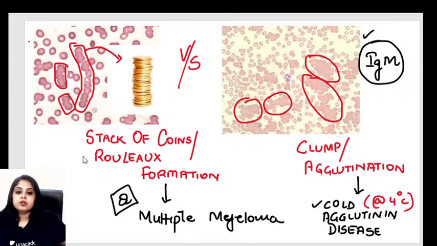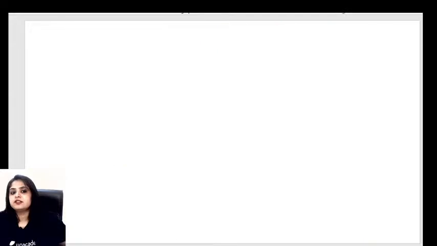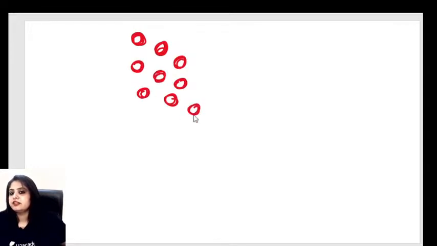Some of you want to know the reason for this stack of coins. Why in multiple myeloma have you got a stack of coins? I'll take exactly 30 seconds to explain that. Not a very tough concept. Let us draw normal red blood cells. These are the normal red blood cells that we have. And what kind of a charge do normal red blood cells have? All the normal red blood cells have a negative charge.